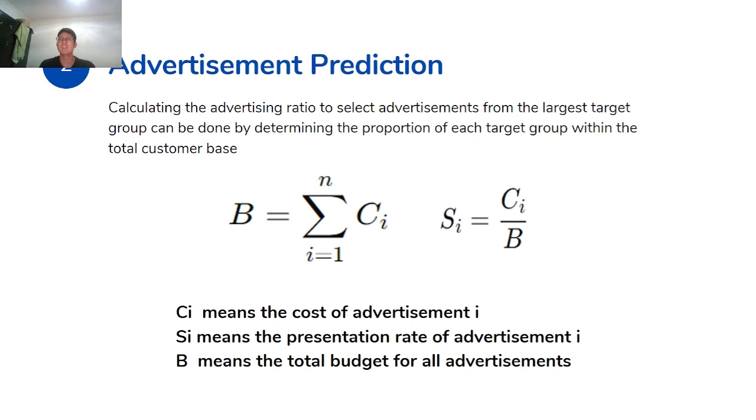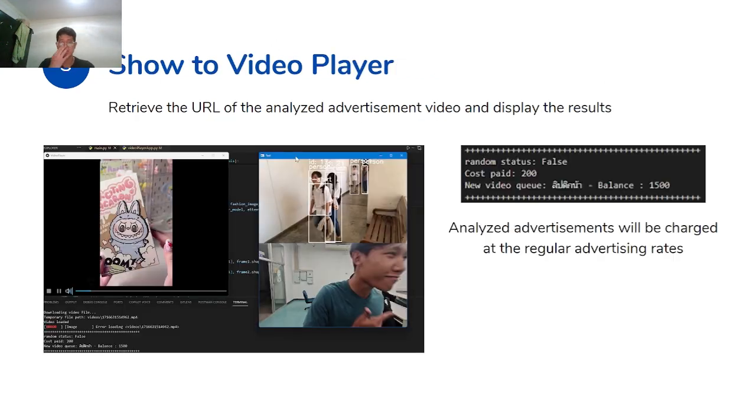We have a calculating module that determines the proportion of each target group within the total customer base. After we get the result of the advertisement group, we receive the URL of the target advertisement and display the result.